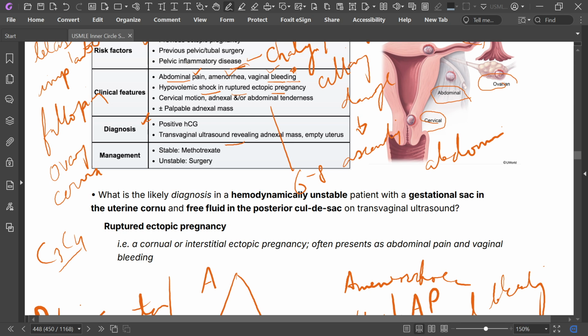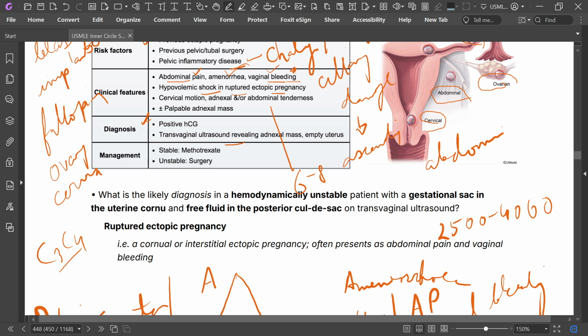The interpretation of the transvaginal sonogram is dependent upon the quantitative beta-hCG level. A level of 2500 to 4000 is the minimum required for a pregnancy to be seen within the uterus, known as the discriminatory zone.